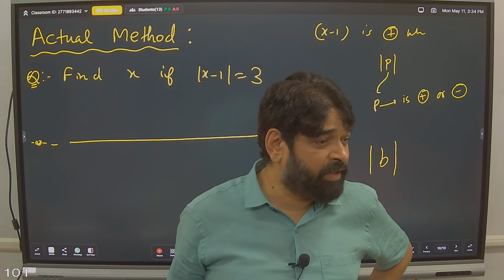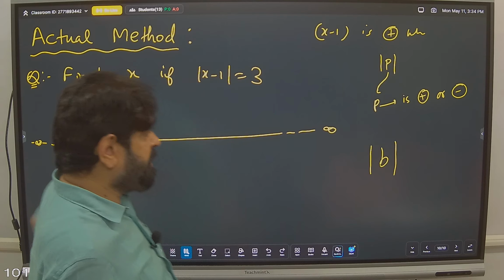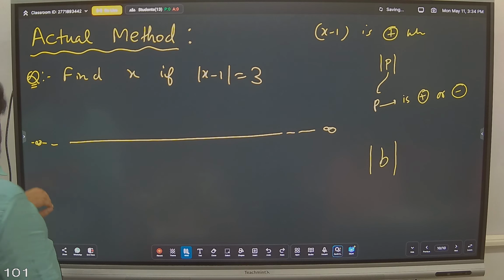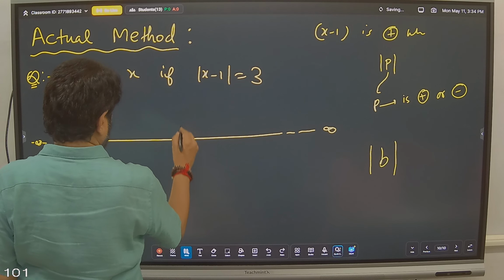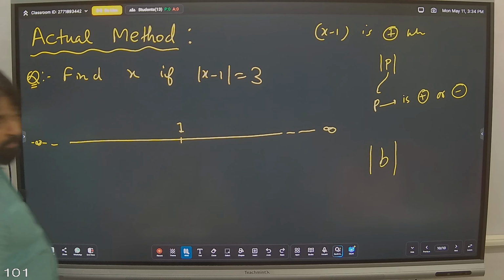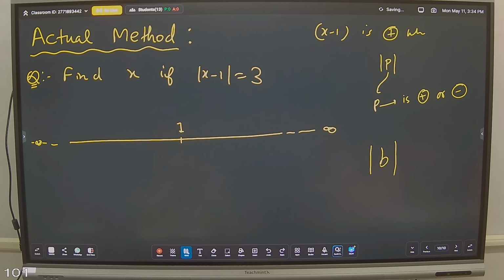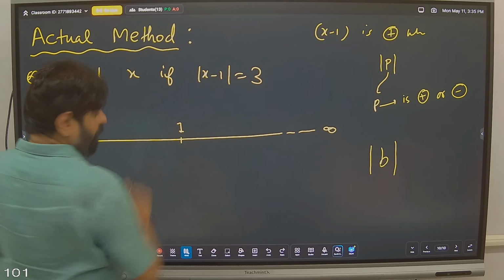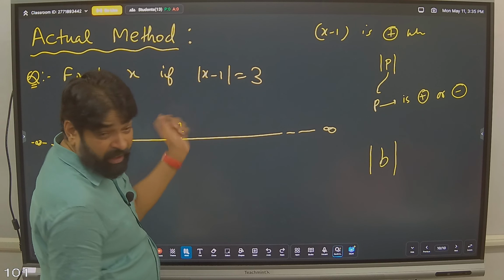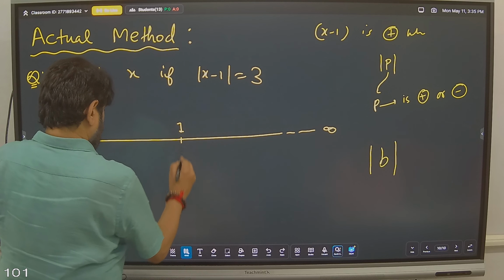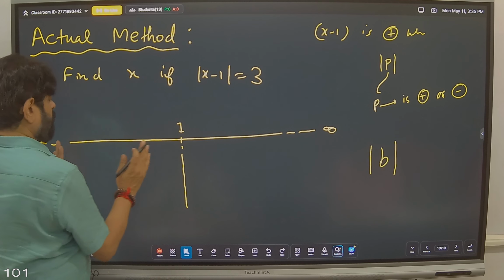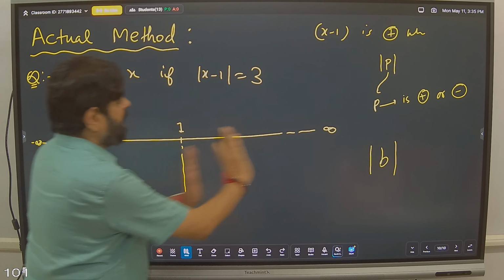Are you able to understand my point? It means 1 is the point where it changes its behavior. Means before 1 it's negative, after 1 it's positive. Means I have to solve this question 2 times, before 1 and after 1.